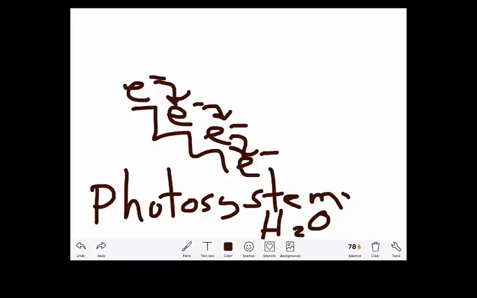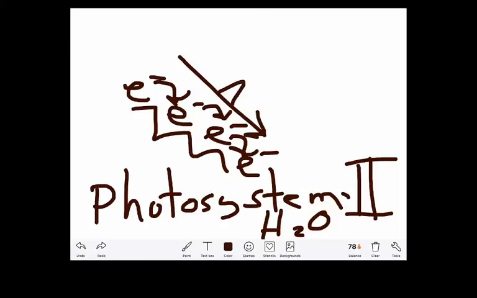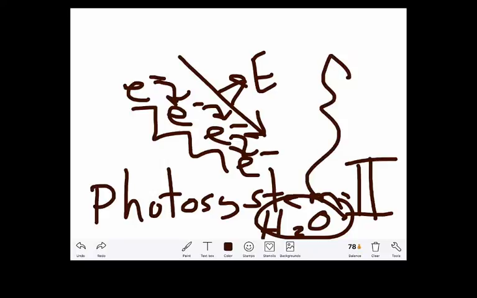For photosystem 2 to continue to have electrons to move down the electron transport chain and produce energy, there has to be a fresh supply of water for photosystem 2. Photosystem 2, as we mentioned, is the photosystem that produces atmospheric oxygen.